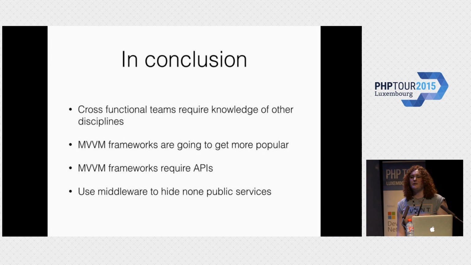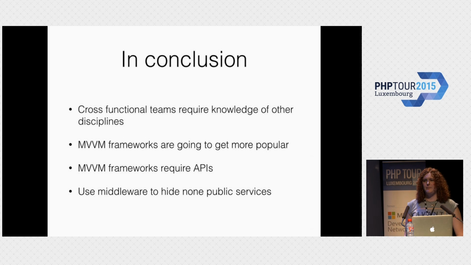So, in conclusion, cross-functional teams require you to have knowledge of more than just PHP. They're only small teams, and you're going to have to learn how to interact with other people in them, be they front-end developers or DevOps people. MVVM frameworks are definitely a large part of the future of that.